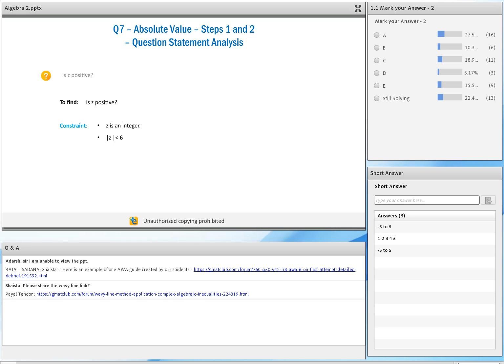It is 1, 2, 3, 4, 5, plus it can also be minus 5, minus 4, minus 3, minus 2, minus 1, and 0. You cannot forget 0. So there are a total of 11 possible values of z, ranging all the way from minus 5 to 5.